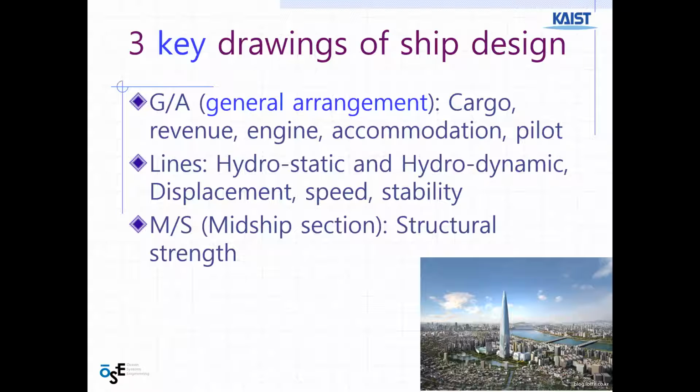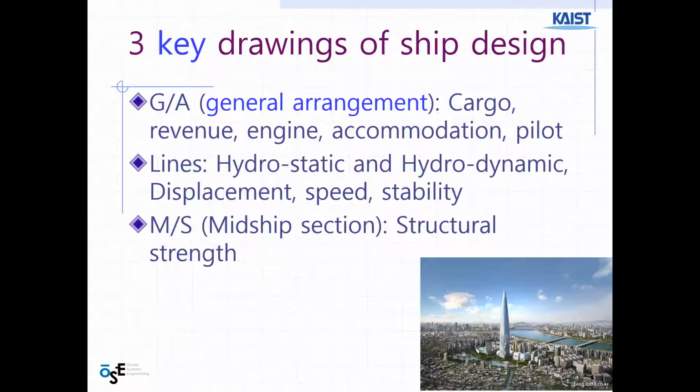When I was a student in the Naval Architecture department, when I was young, we had a design class, and we needed to produce these 3 key drawings. For the general arrangement, you need to decide where to put cargo and how many cargoes there are. For a container ship, how many containers can we carry by my design, right? 10,000 or 1,000 or 5,000. And revenue: based on cargo, money comes back, right?